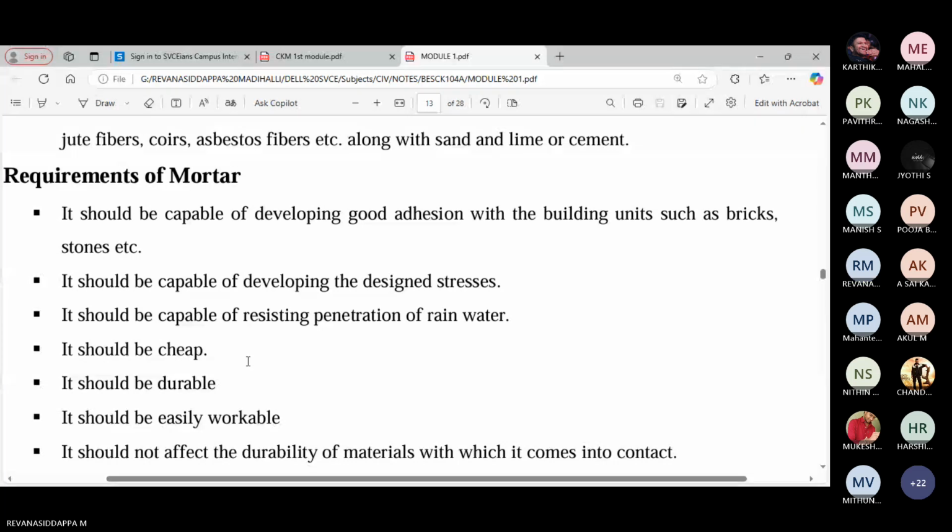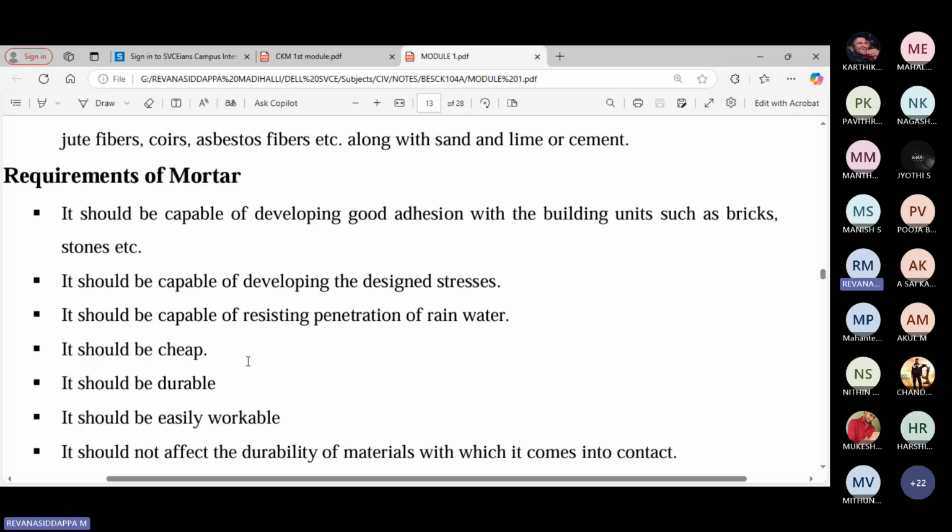Then the next requirement: it should be capable of resisting penetration of rainwater. This is also a major requirement of the mortar. During the rainy season, there will be continuous rain, continuous drizzling, right? If the masonry or the wall comes in continuous touch with the water, there is a possibility of absorbing that water.